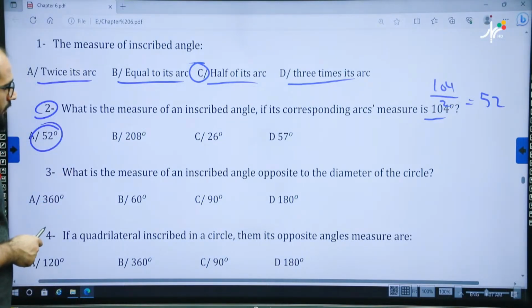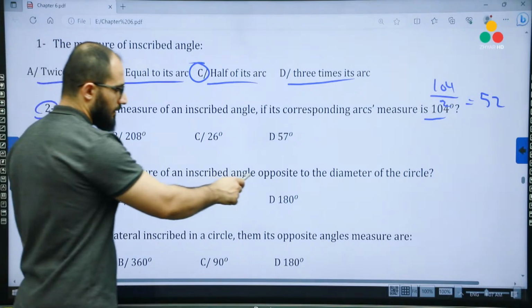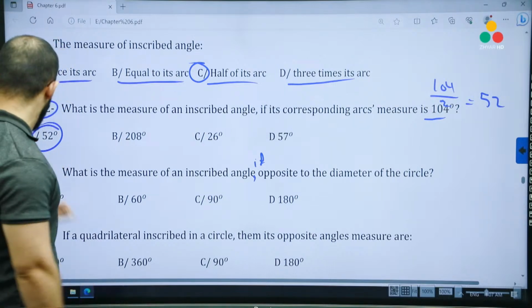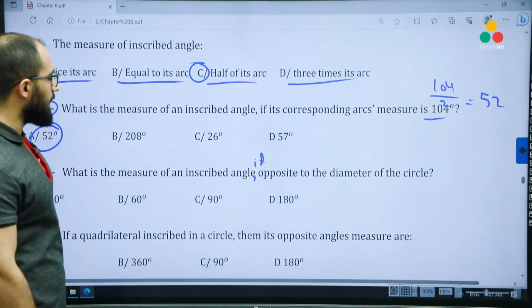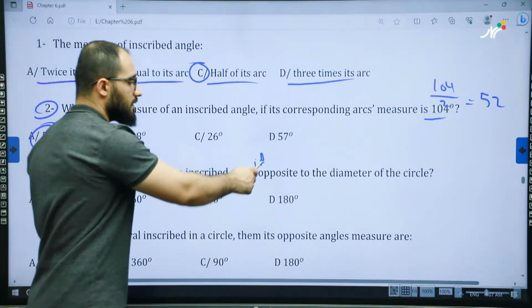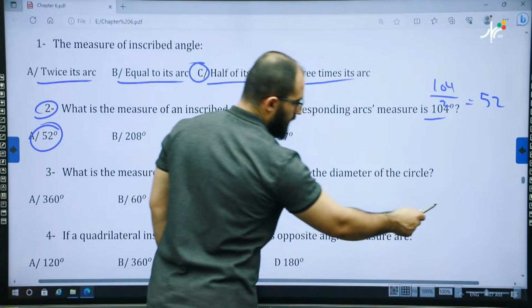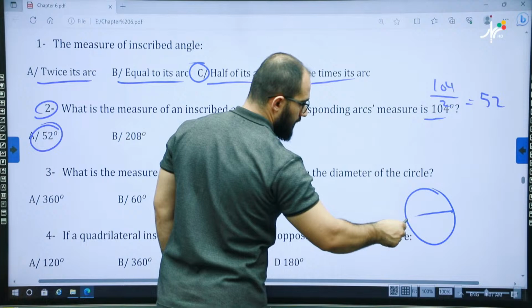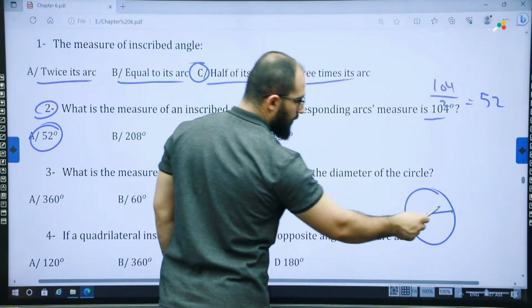Question 3, what is the measure of an inscribed angle opposite to the diameter? It's quite easy. This is the circle and this is the diameter. It says the inscribed angle is opposite to the diameter.